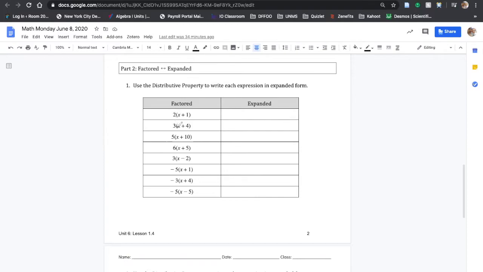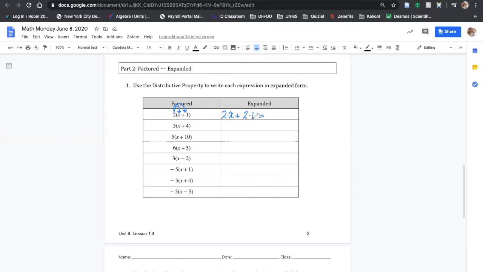So, very first one, 2 times x plus 1. With the distributive property, right, follow the way that I do this. The thing on the outside, the 2, gets multiplied by both terms inside of the parentheses. So first I have 2 times x plus, because I have a plus here, 2 times 1.